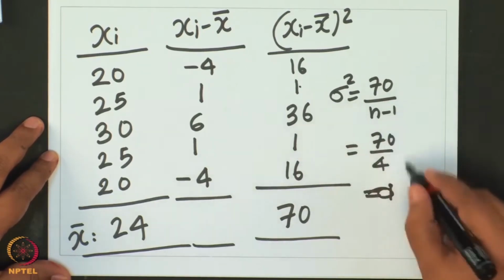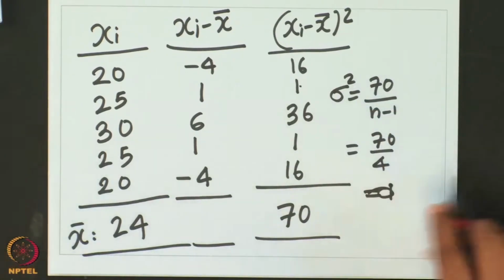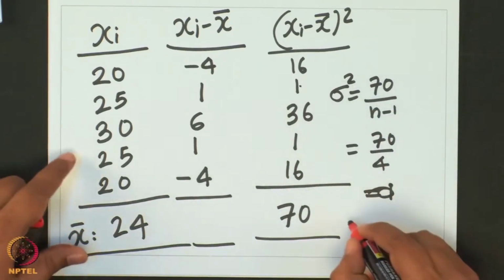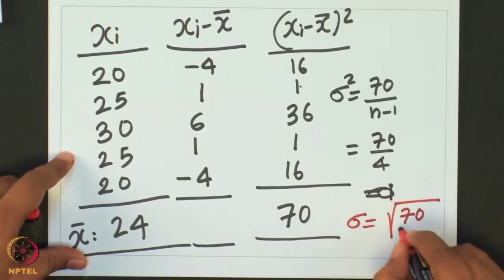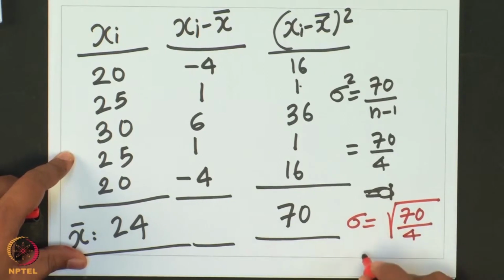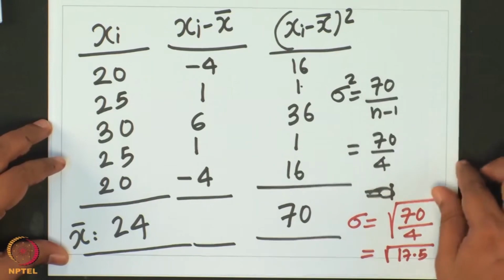Whatever this quantity is, 70 divided by 4 would be the sigma square, so sigma would be the root of 70 divided by 4, which is the root of 17.5. So the standard deviation is approximately 4 point something.